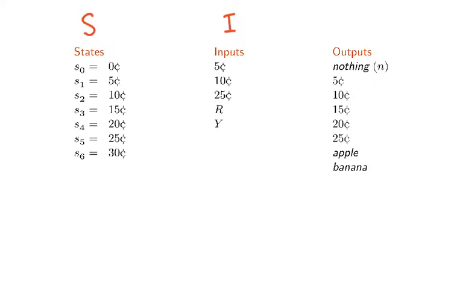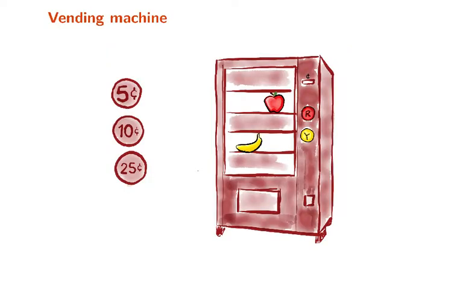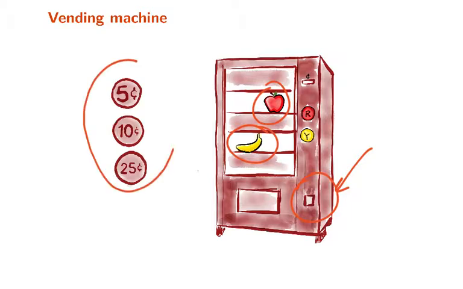And what are the outputs that we can get from this machine? Well, you may get an apple, or you may get a banana, or you may get nothing. Or you may also get the change here. And how much change can you get? Well, considering that you can put only these ones, and as soon as you get 30, it will give you the excess.